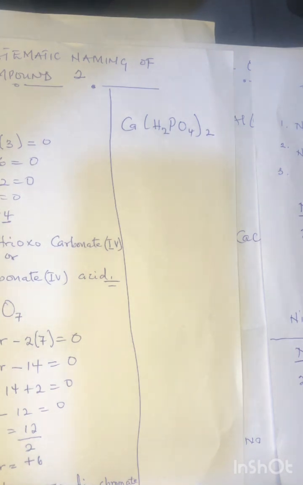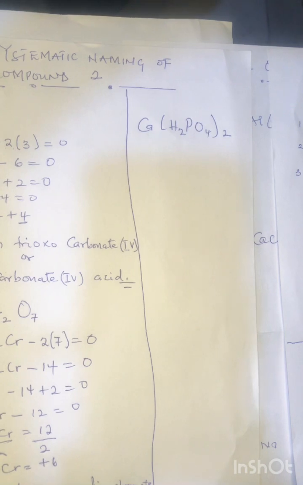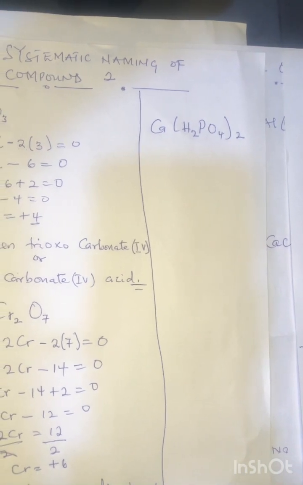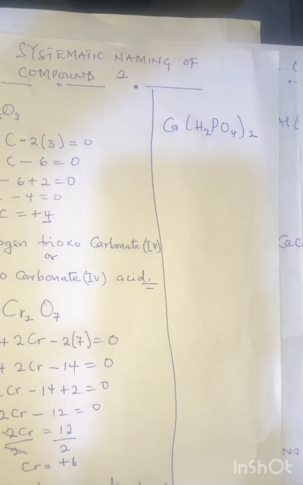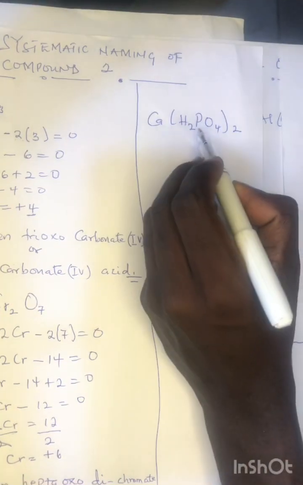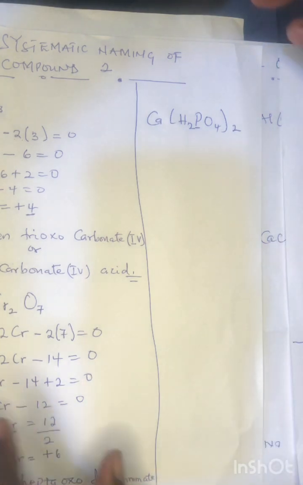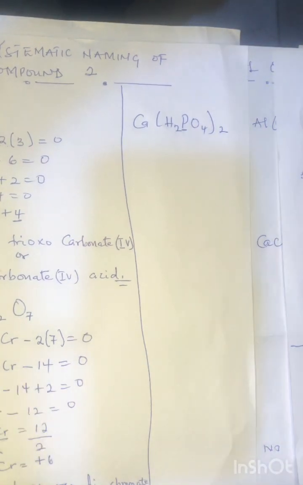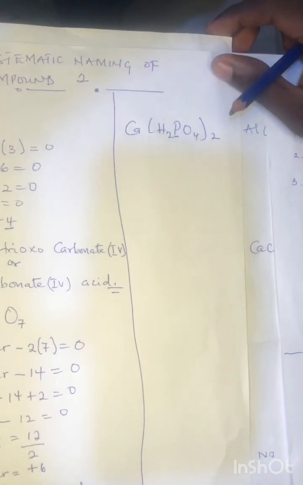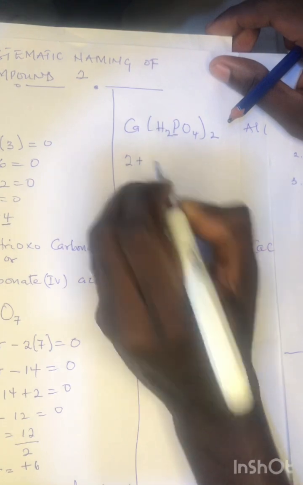It says we have calcium, then we have hydrogen, then PO4. Again, let us concentrate on the one in the bracket. So we find the oxidation number for the P in the bracket. What is the charge of calcium? Calcium is 2 plus.